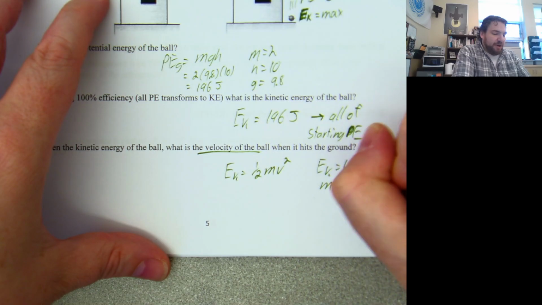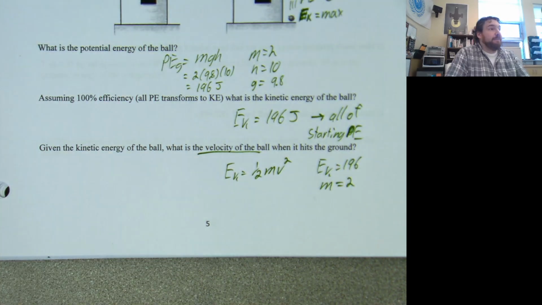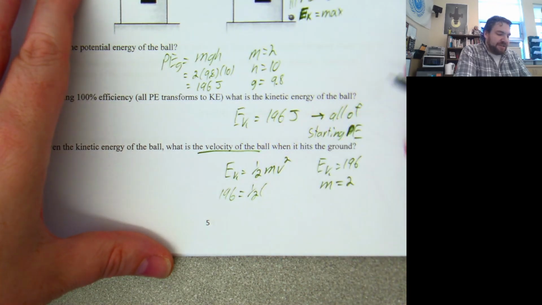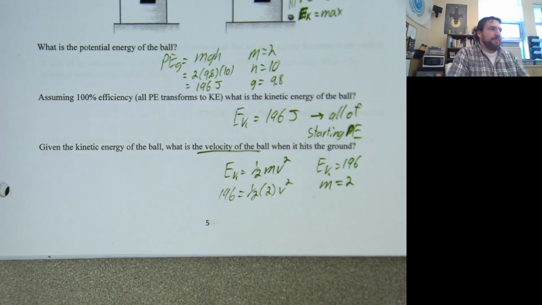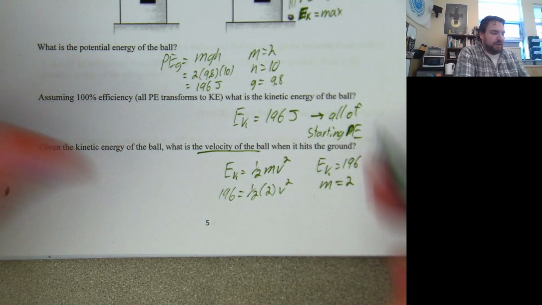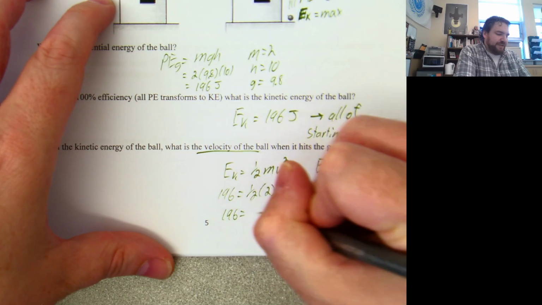We know the mass of the ball is 2. So we can plug this in and find out how fast the ball is going to be moving. 196 is going to equal 1/2 times 2 v squared. This is a really beautiful set of numbers here because what's half of 2? 1. And then 1 times v squared is just going to be v squared. So I'm going to have 196 is equal to v squared.